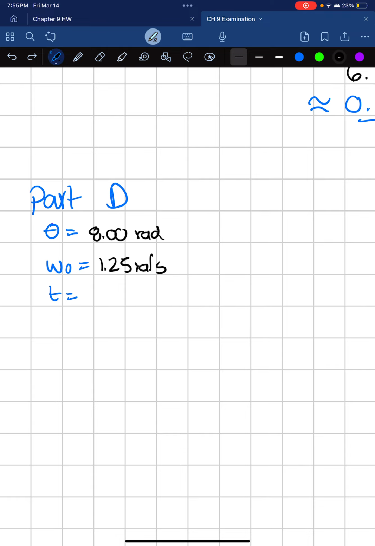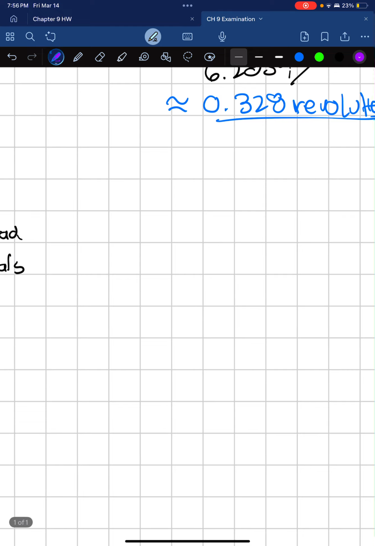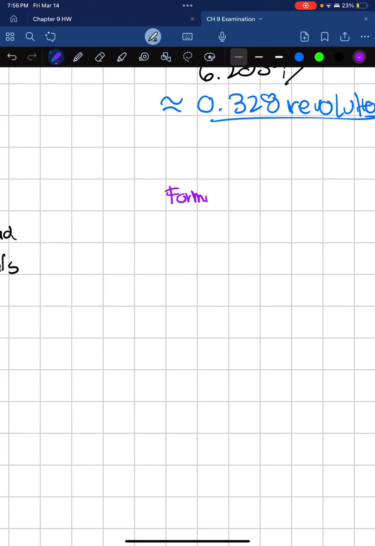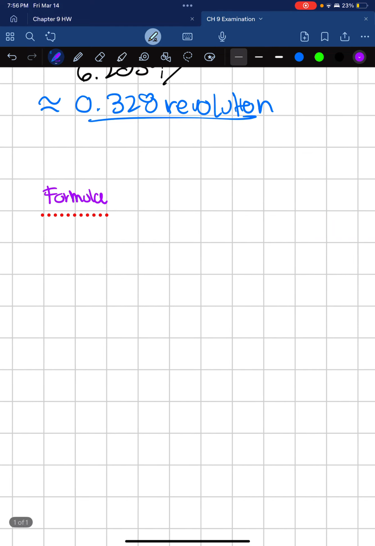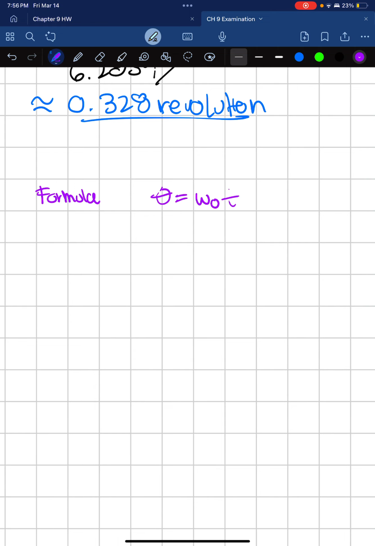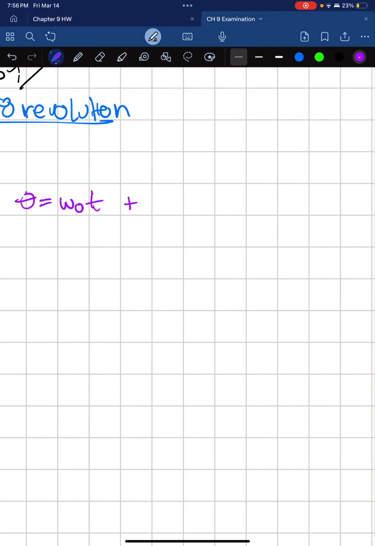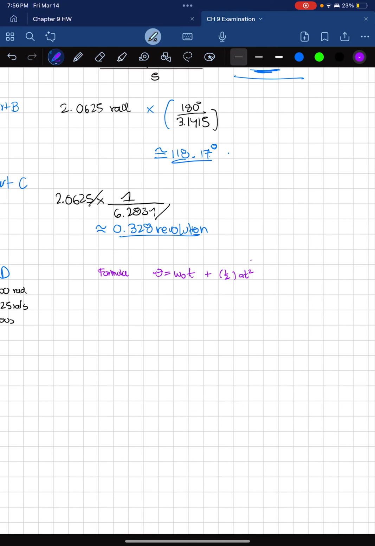So let's go ahead. We're going to use the formula for this that we learned in this chapter. It's going to be the angle equals initial omega times time plus one half alpha t squared. So in this case, we're using one of the old kinematic equations, but we are entering something from this chapter.